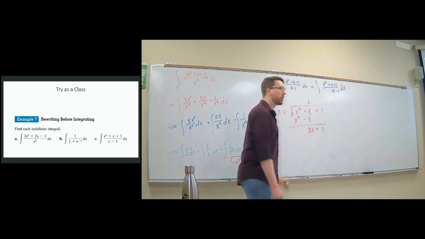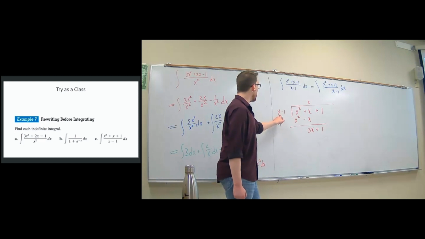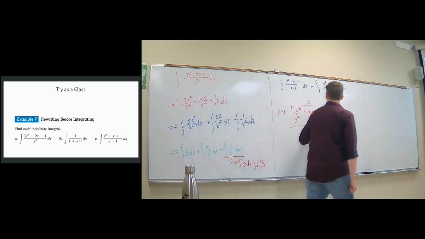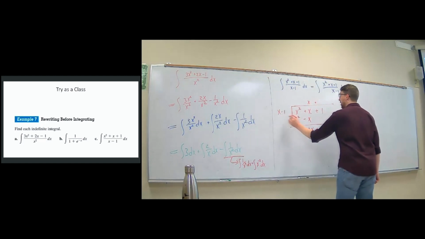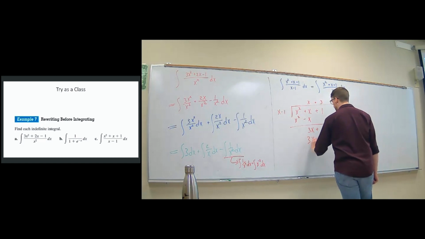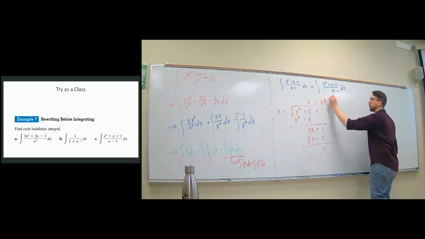Now, when we multiply by 3, we cancel out this 3x. So we're going to get plus 3x minus 3. Subtracting the 2 is going to give us a remainder of 4.